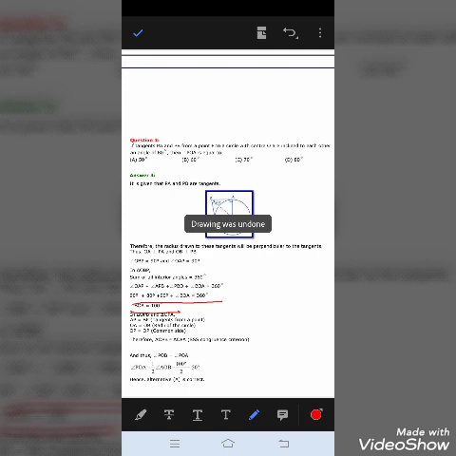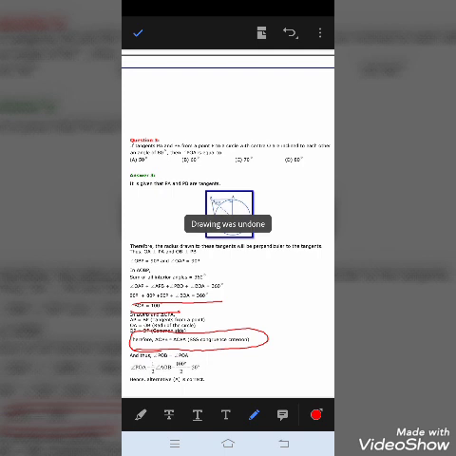Then OP is equal to OP, which is a common side of these triangles. Therefore triangle OBP is congruent to triangle OPA with the help of the SSS congruence criterion. We took these sides and also the common side, and with this we can conclude that.